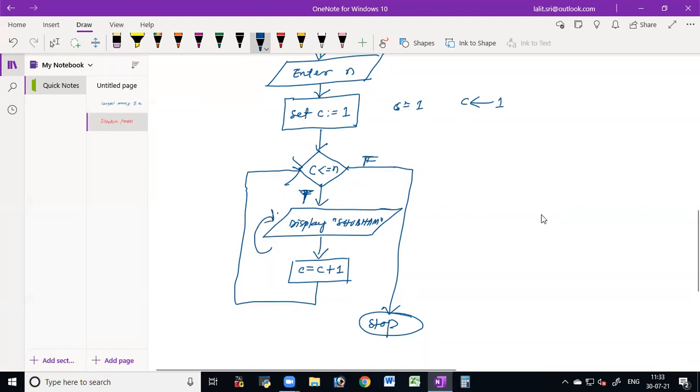Until this condition becomes false, this process will be repeatedly done. These two processes, display Shubham and c equal to c plus 1, repeat. When it becomes false, it will stop.